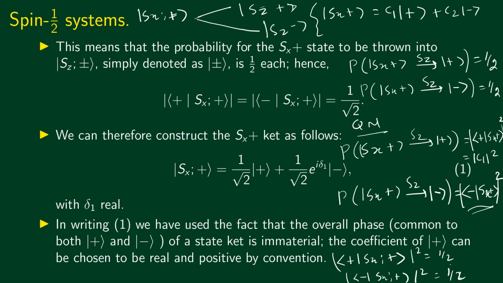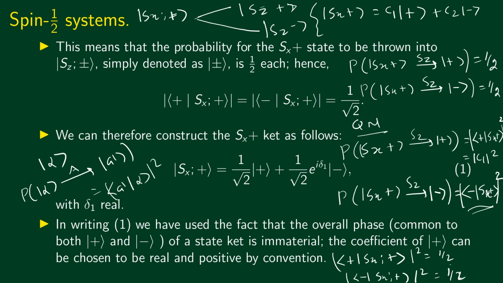The probability postulate says that if I have any state ket alpha, the probability that this reduces to a state, let's say ket a prime, under a measurement of A, is given by the modulus square of bra a prime ket alpha.